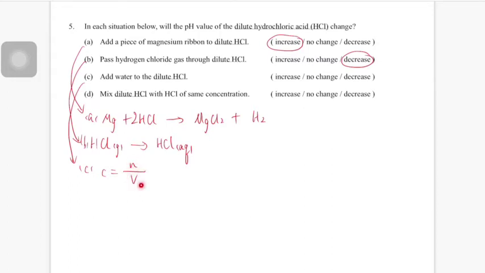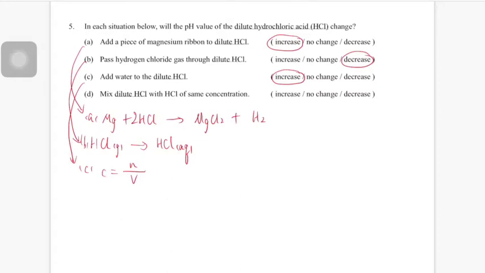However, because we add water to it, the volume actually increased. That means we lowered the concentration. Okay, we lowered the concentration of hydrochloric acid, and hence we lower the concentration of hydrogen ions in the solution. If we lower the hydrogen ion concentration, that means the solution becomes less acidic, hence the pH value should increase.